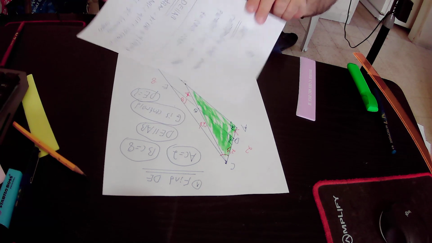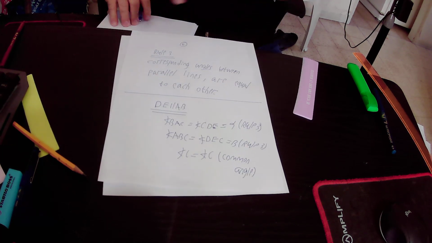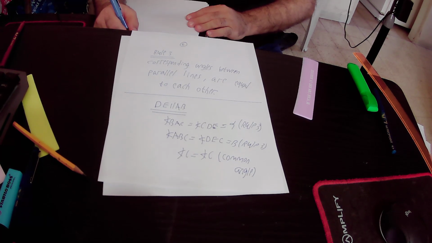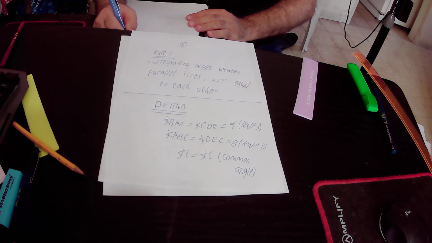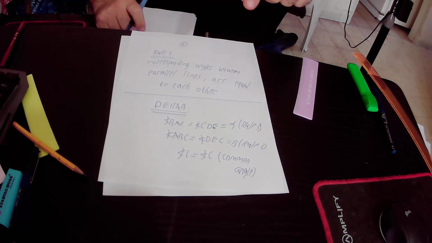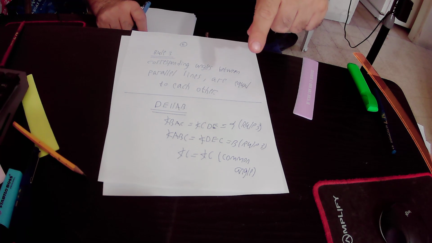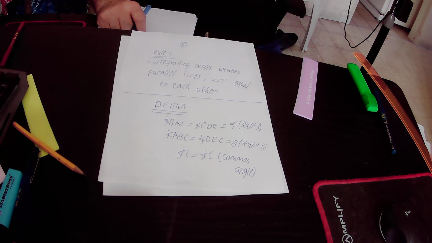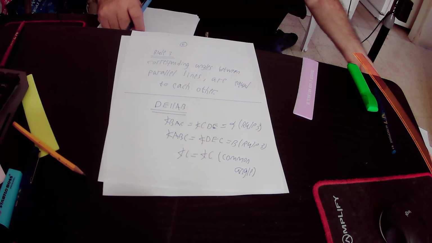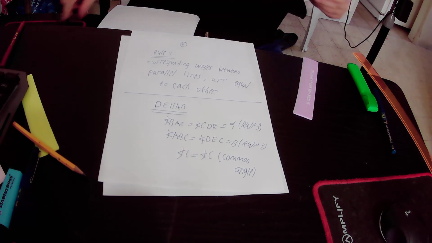Okay, so we actually proved that the three angles of triangle ABC are equal to the three angles of triangle CDE. Therefore, triangle ABC will be similar to triangle CDE according to the angle similarity rule. So I will write it down.